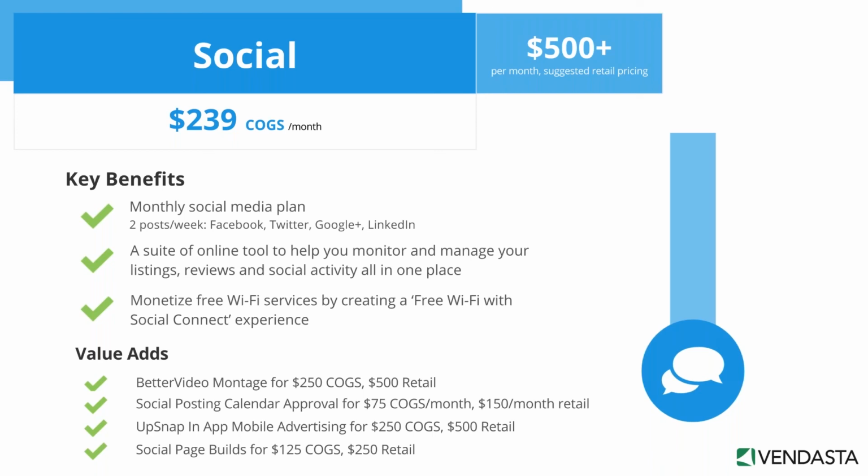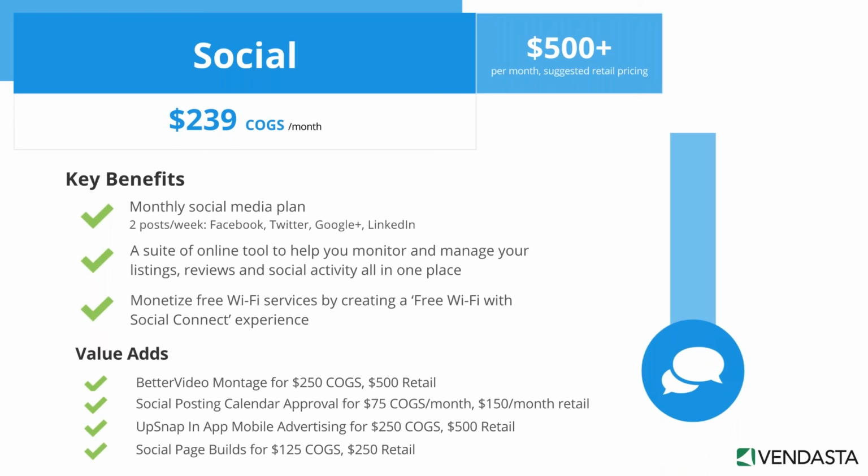So then you're starting to build up that page and really get more traction on it. You can add in the social marketing piece, as well as the social posting. So, everything from 2 posts a week to 4 posts a week, to then even adding in that calendar approval.